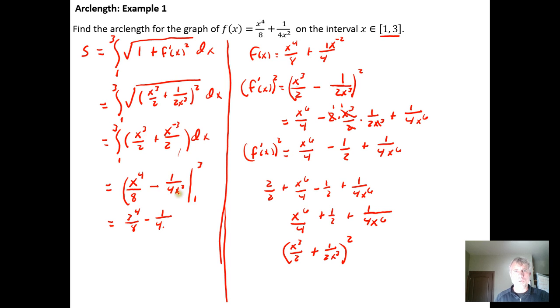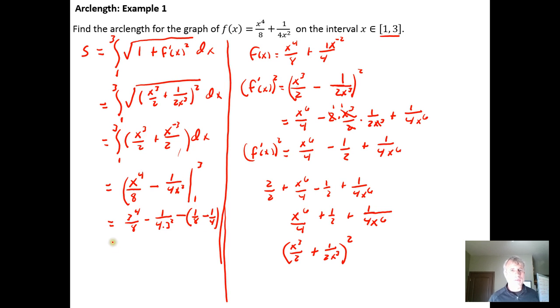So x to the -2 can go down into the denominator. We make the exponent positive, and then we're plugging 3 in, so we get 4 times 3 squared, and then it's going to be minus, and then we plug in the 1. So 1 to the 4th is 1/8 minus, plug in the 1 here, we're just going to get a quarter.